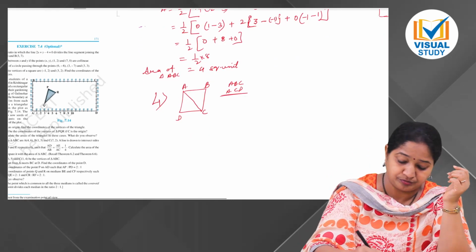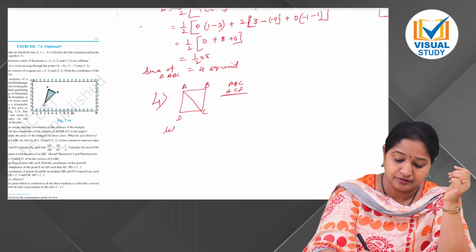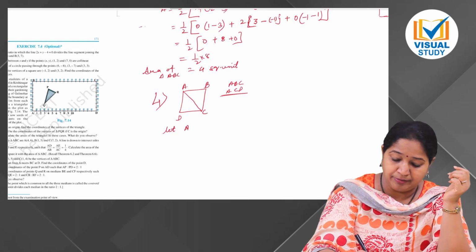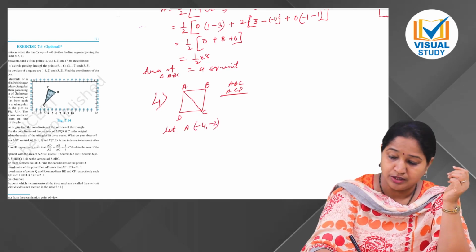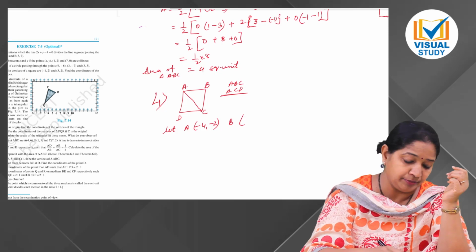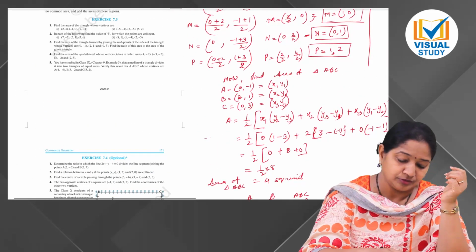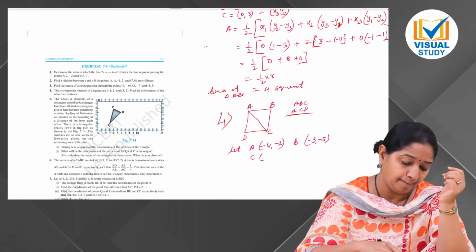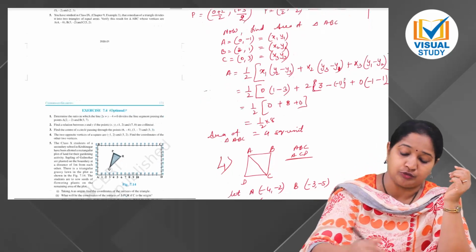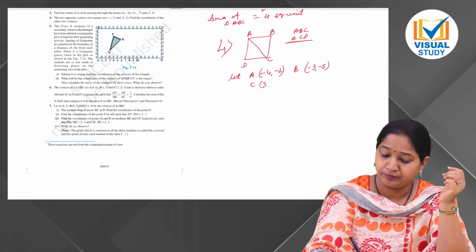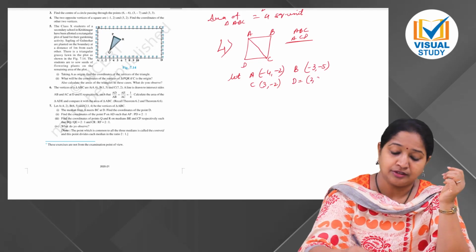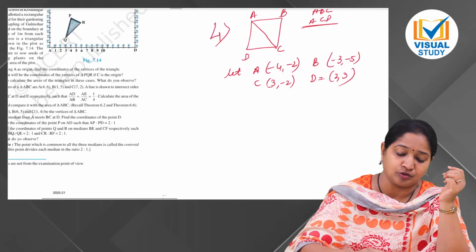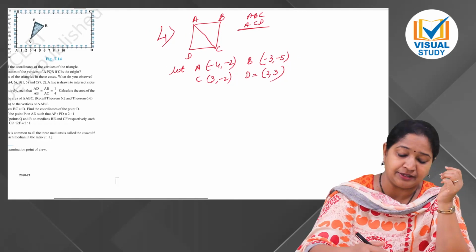Here, let A be (-4, -2), B be (-3, -5), C be (3, -2), and D be (2, 3). Now you find out the area of triangle ABC.